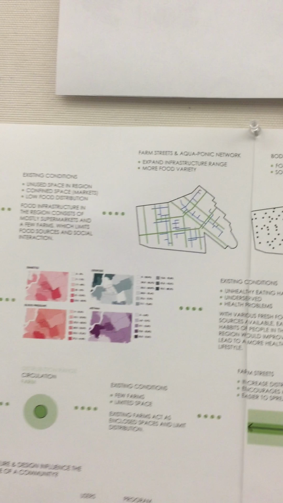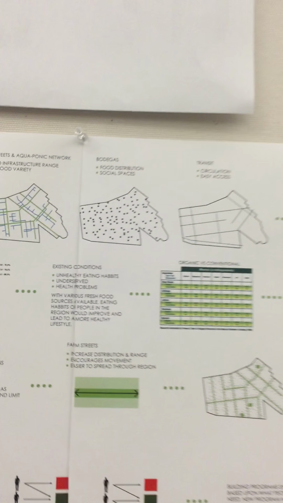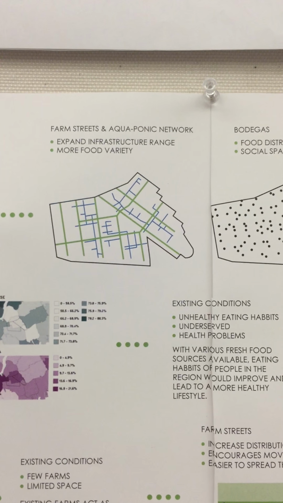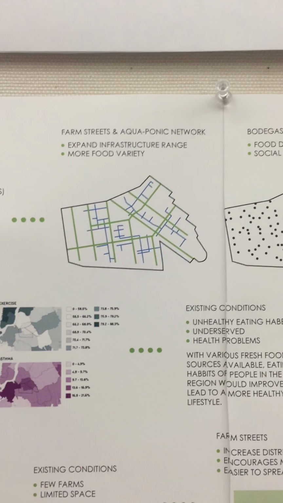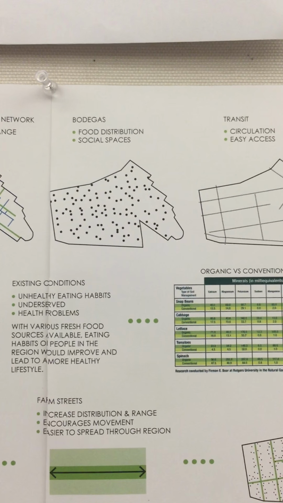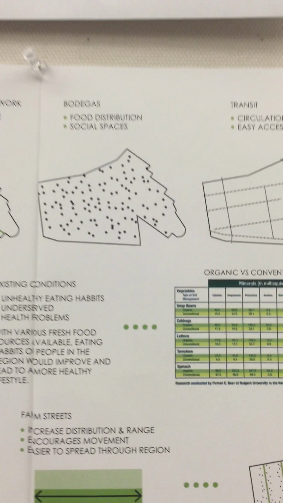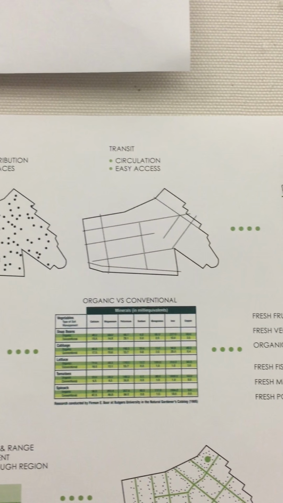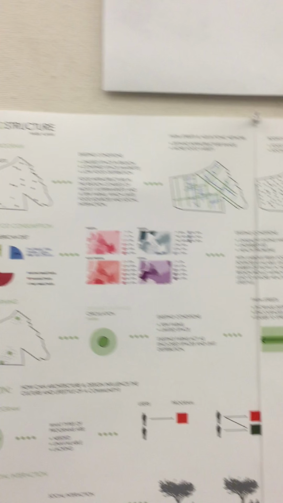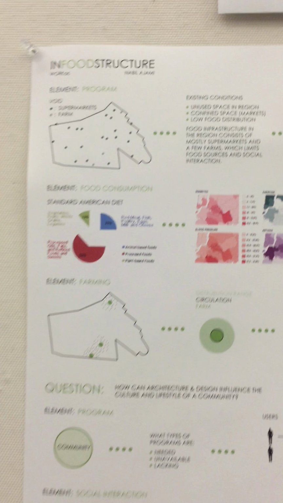And basically, I broke down their diagram or their map into different maps. So farm streets and networks expand infrastructure and the range. Bodegas also increase food distribution in social spaces, and circulation makes it easy to get around, which makes the whole system.